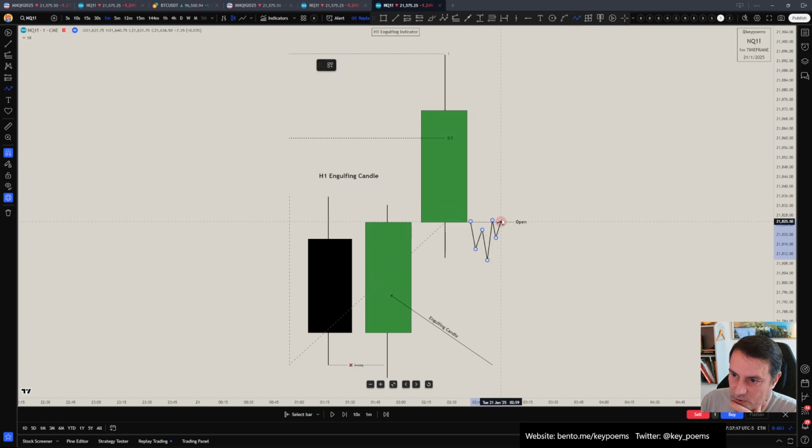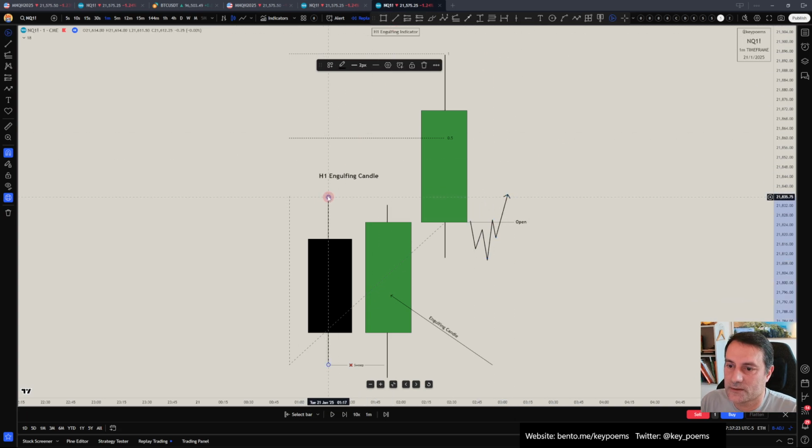How many times will it happen that we will hit this level? First, how many times will it happen that we will hit the high? How many times will it happen that we will hit the high probability target?